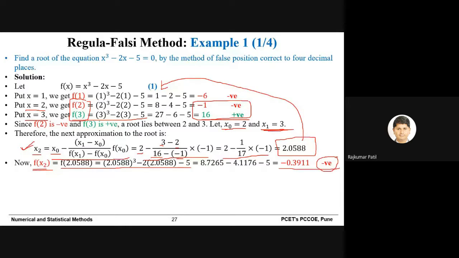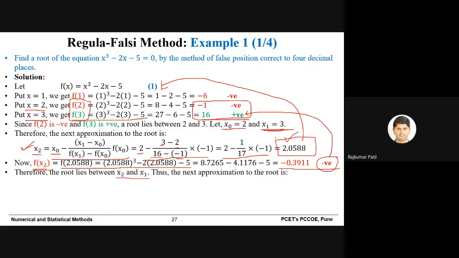Now we check the previous approximation, that is, the value of x for which f of x has a positive sign. When x is equal to 3, there is a positive sign for f of 3. Therefore, the root lies between x2 and x1, where x2 is 2.0588 and x1 is 3.